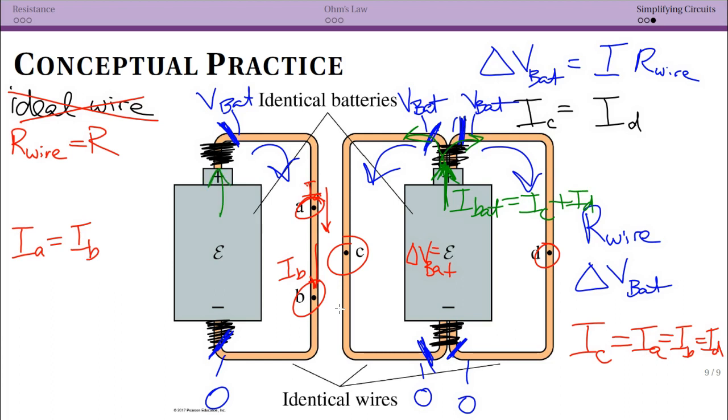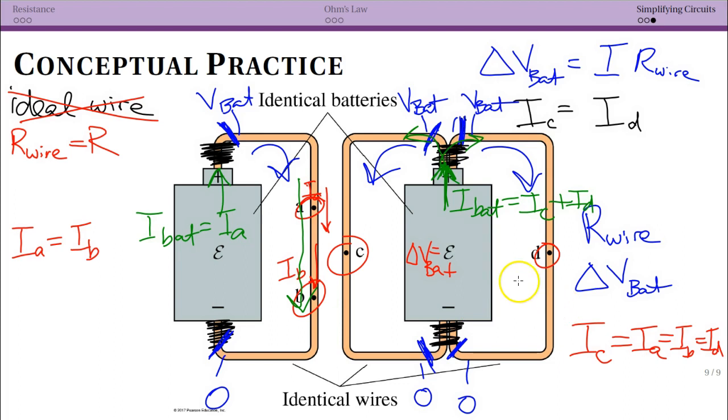Here, my current out of the battery is just equal to the current through A, because that same current goes through B. So in fact, in the second circuit, the current out of the battery is twice as much as the current out of the battery here. But the current through the points A, B, and C, D, are all equal.